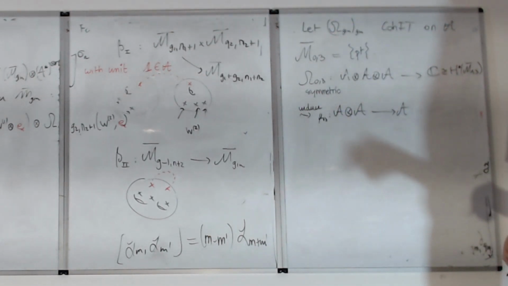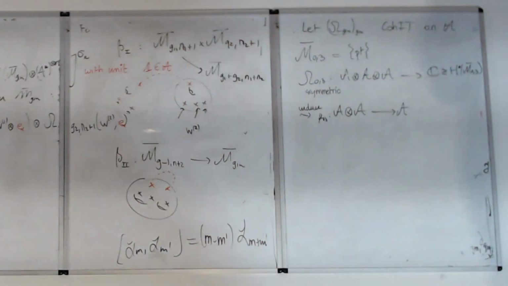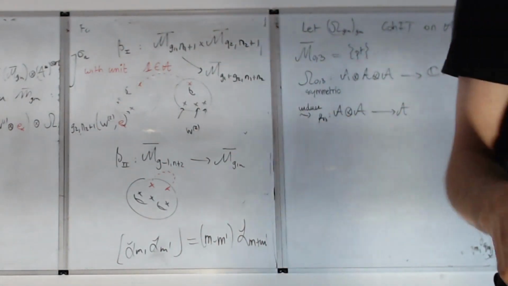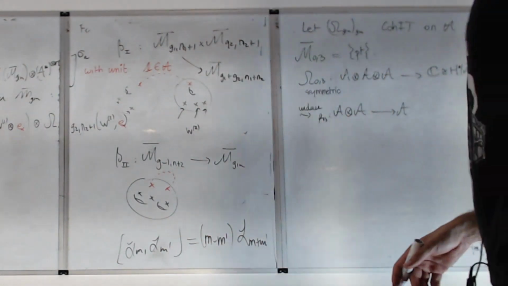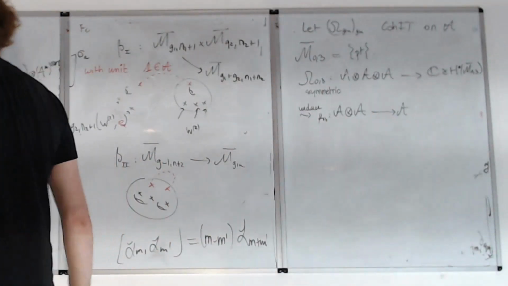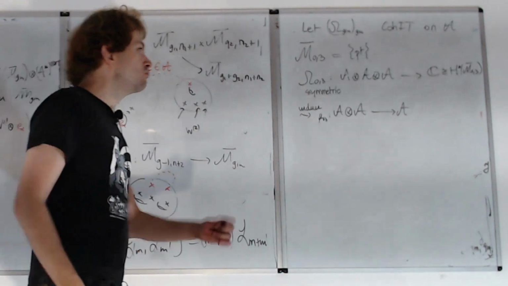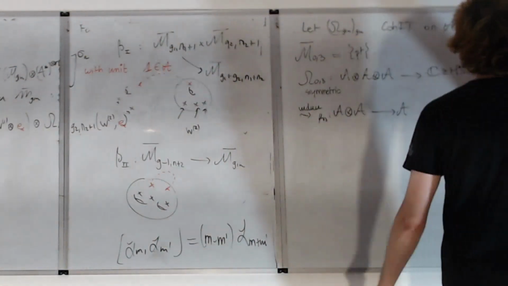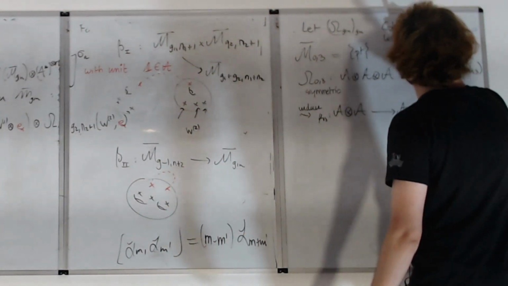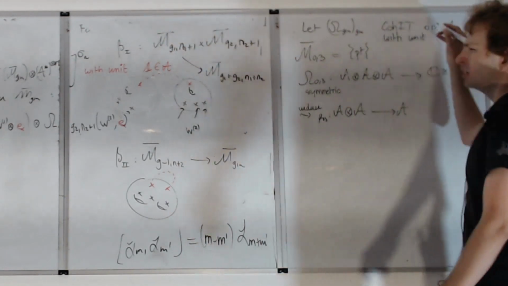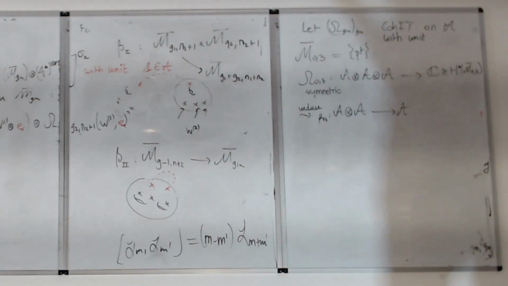Don't you also use some condition on omega_{0,3} with the unit axiom, that it gives symmetry? Let's assume it. I'm not sure one really needs it. You may have a Frobenius algebra without a unit.